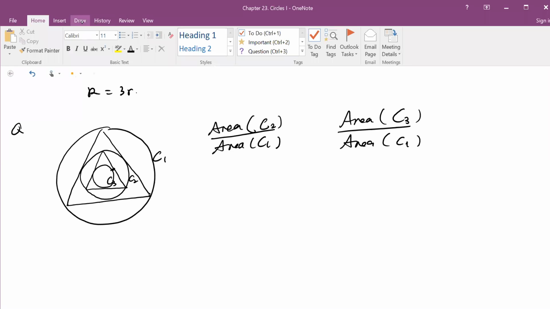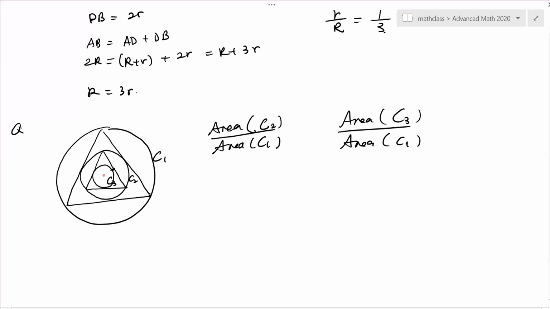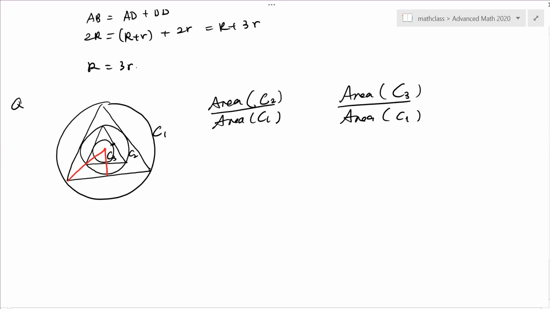I told you, connect the important points. So from the center, all the way to here, and draw the line. So what do you get? What's the relationship between R2 and R1?